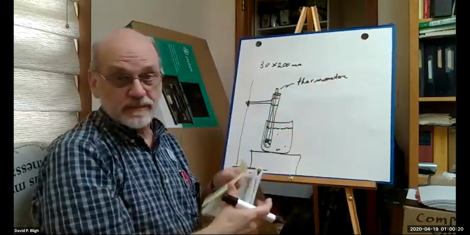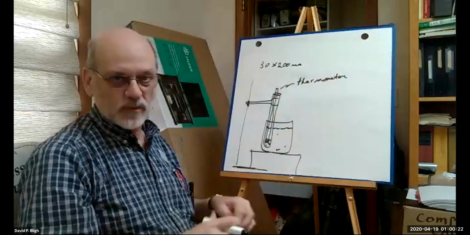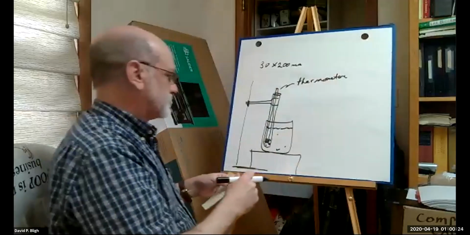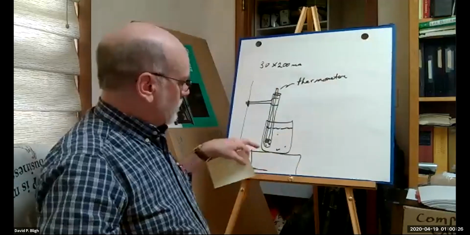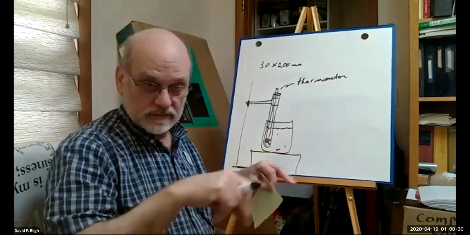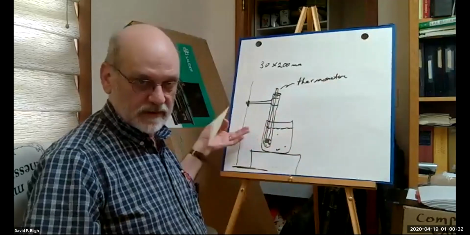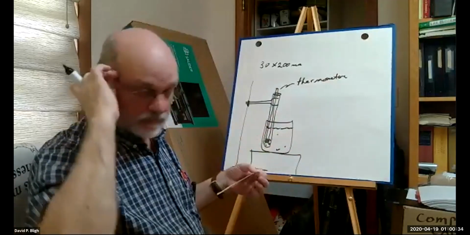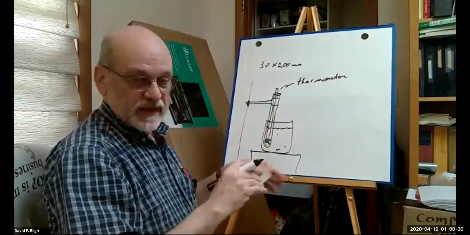Right, we got to measure the temperature, otherwise the whole experiment's a waste. So, you can use the thermometer, if you're careful, to stir what's in the tube, because you want it to be well mixed as it dissolves.